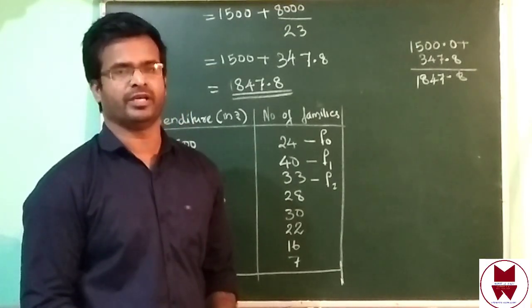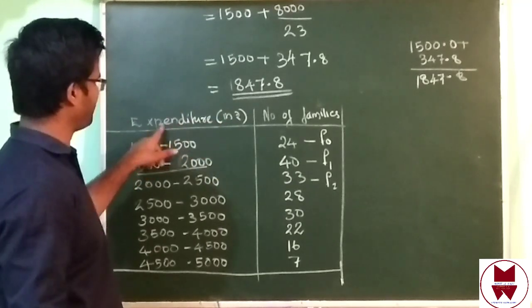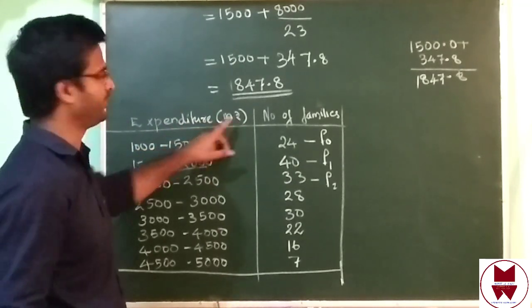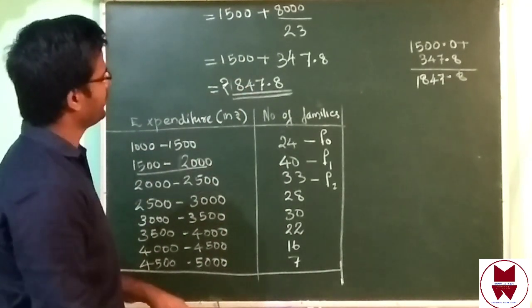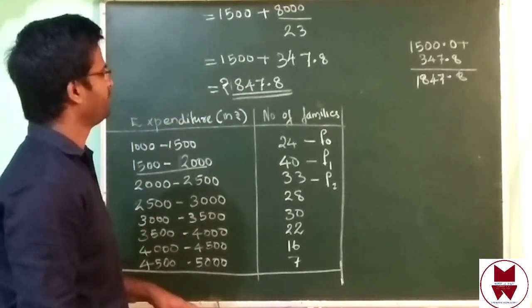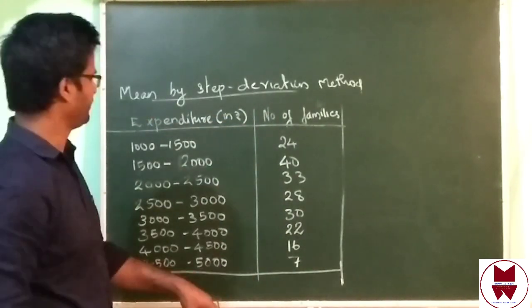Here, what will be our unit? Our unit will be the expenditure unit. What is the expenditure unit? That is rupees, isn't it? Then rupees we can write as the unit. 1,847.8 rupees.